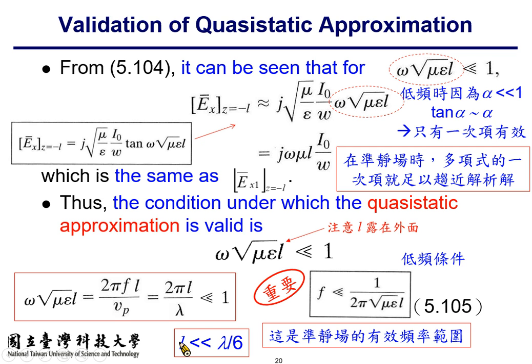Okay, so only when the circuit size and wavelengths are in the same order or smaller than the wavelengths will we see higher order terms. Otherwise, you only need the static terms, the zeroth order term and the first order term, to get a good approximation of the general behavior of your circuit.